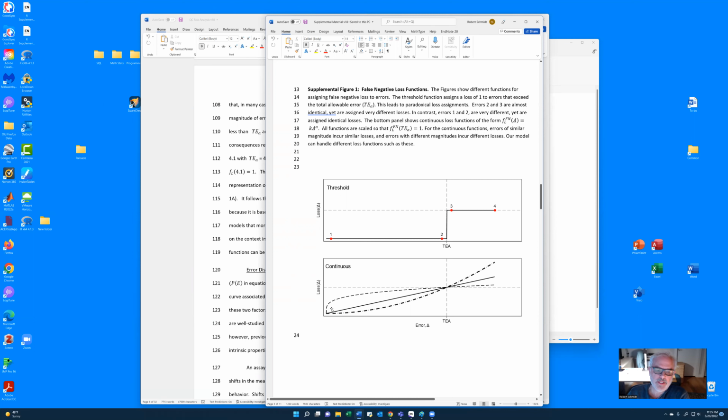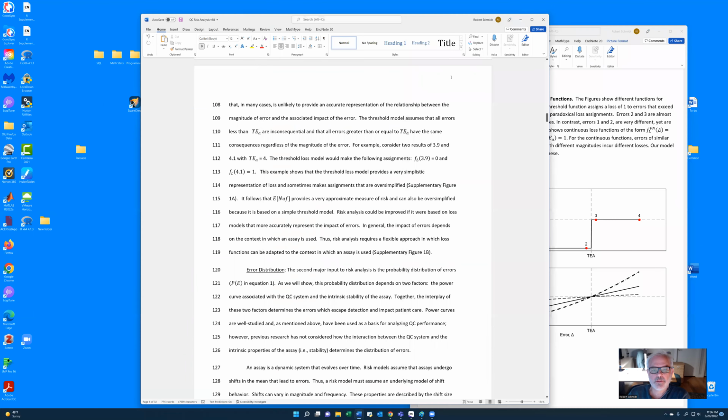The general idea is that we would expect any error to have some sort of cost associated with it, and that it would increase as we go along. So the most common loss function is not necessarily the best one, although it is a very simple one.